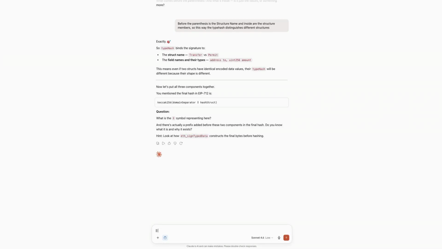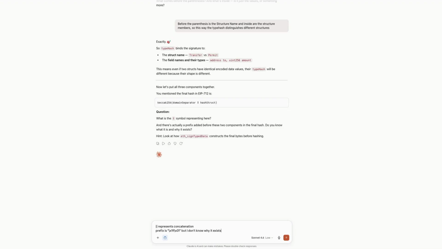So the OR sign represents concatenation, and there's actually a prefix. Prefix is, but I don't know why it exists. Do you know what it is and why it exists?